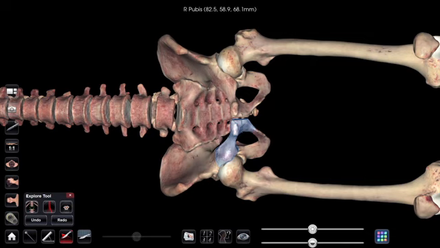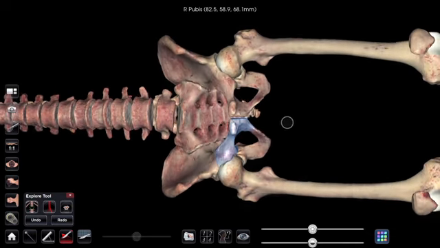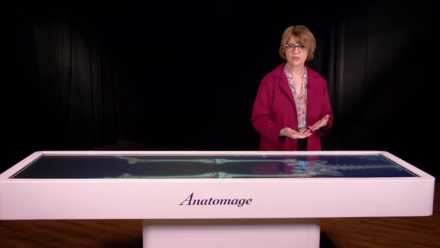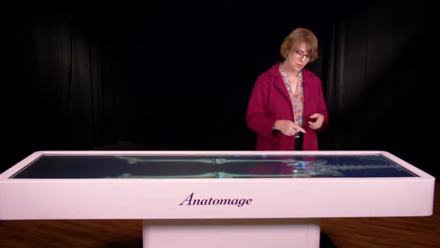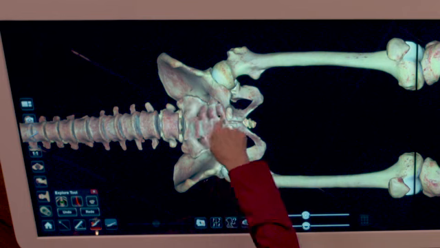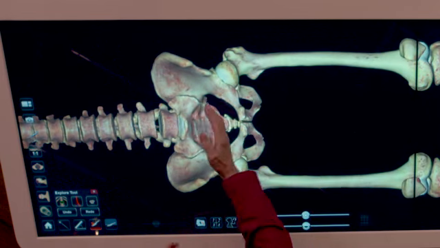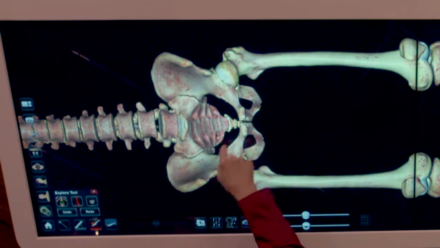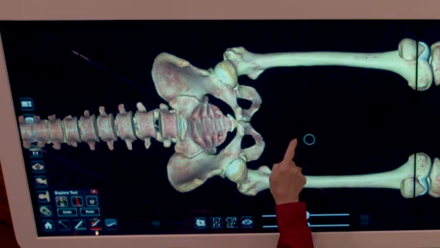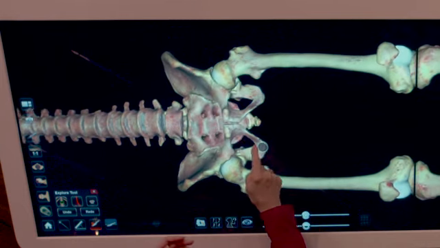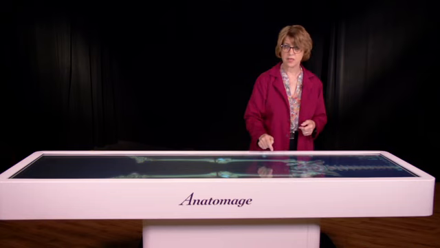The pubic bone is the more anterior portion, and together they form a ring-like structure. So the top rim of the pelvis is the pelvic brim that separates the false pelvis from the true pelvis. And there would also be, in addition to this pelvic inlet, a pelvic outlet more inferiorly.